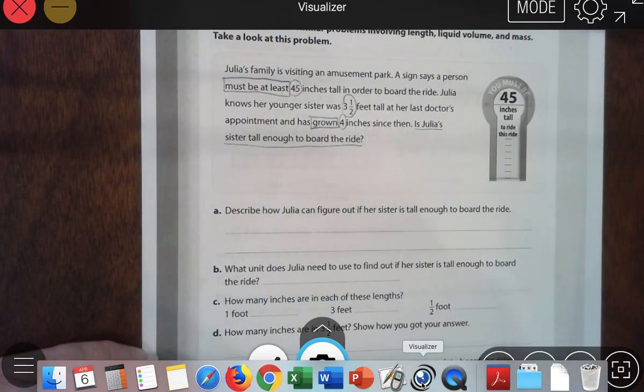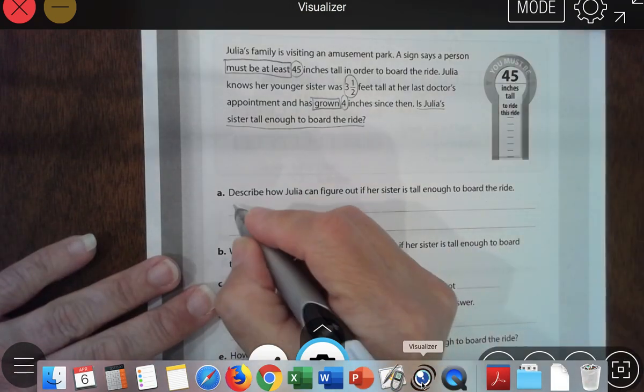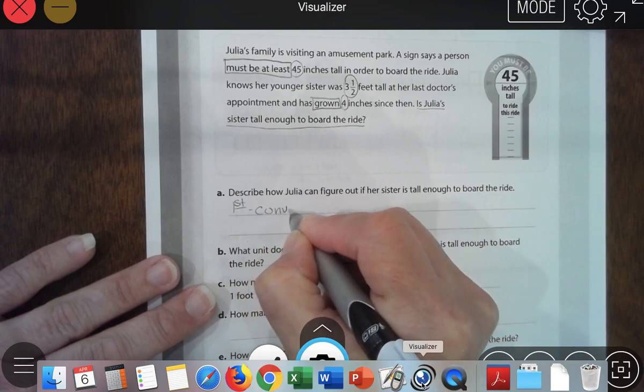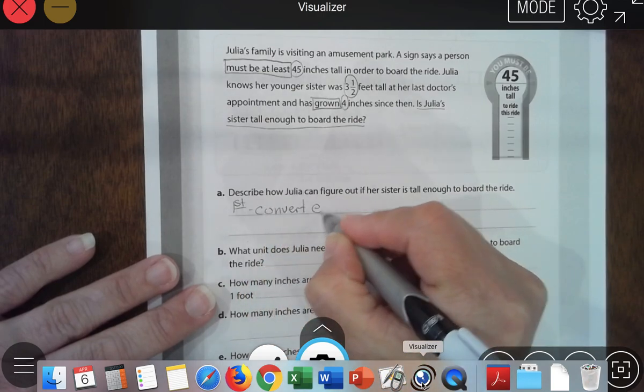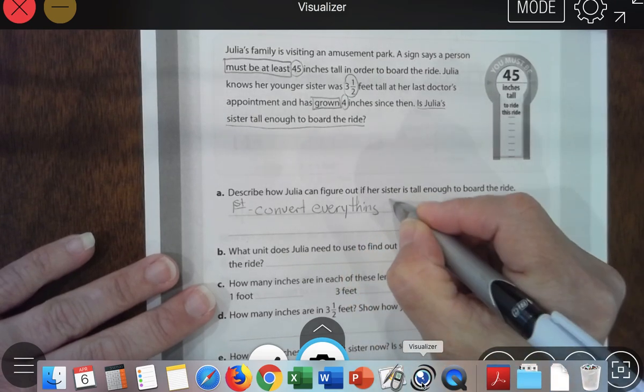I can't compare if they're in different units. So it says, describe how Julia can figure out if her sister is tall enough to board the ride. First, Julia has to find out how tall she is in inches. First, we convert everything to inches.